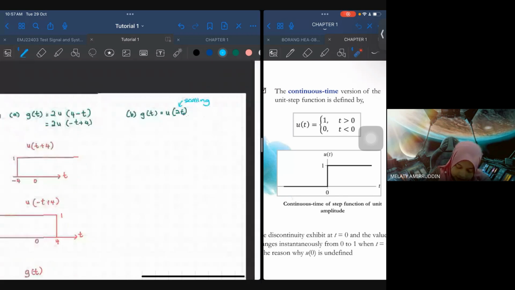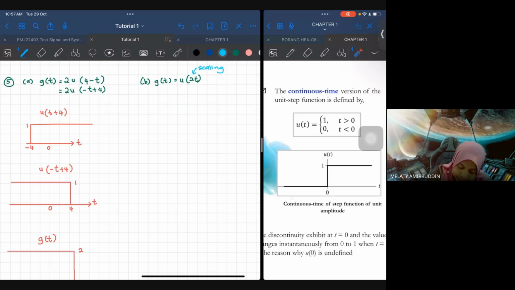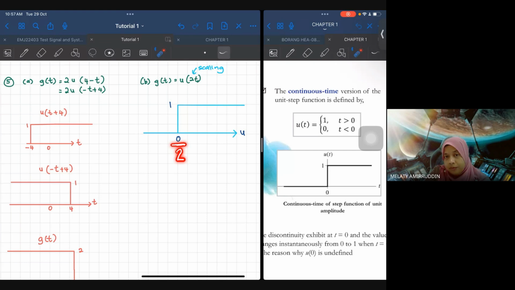So the original signal is 0, and then you need to scale it. So 0 divided by 2, 0. So the signal becomes like this.